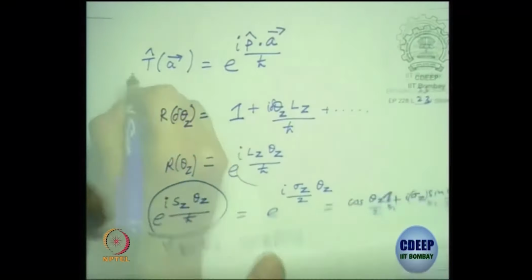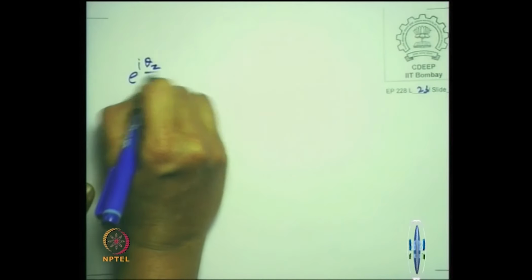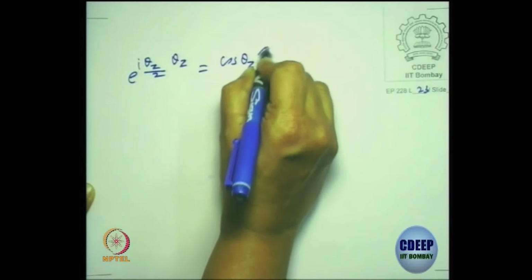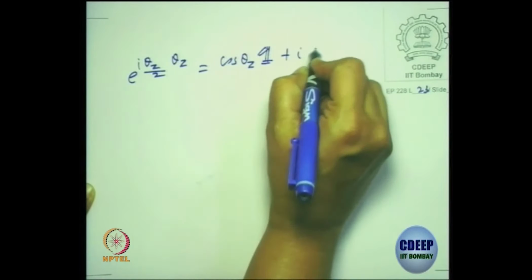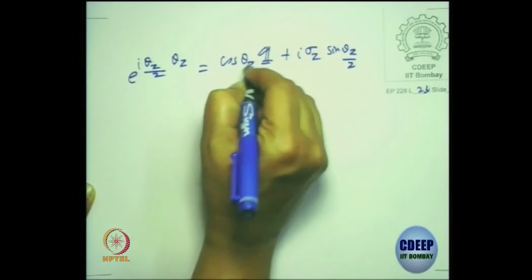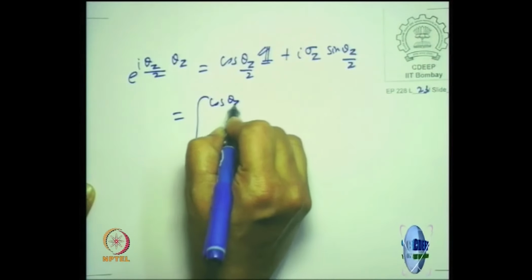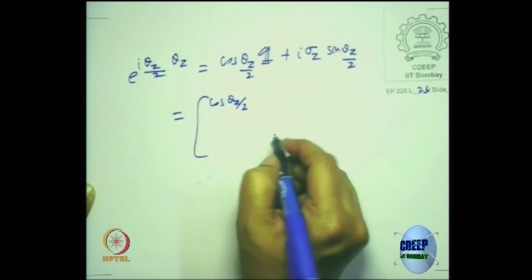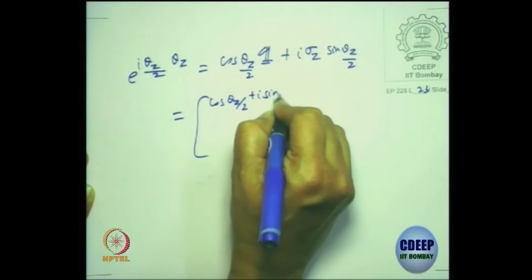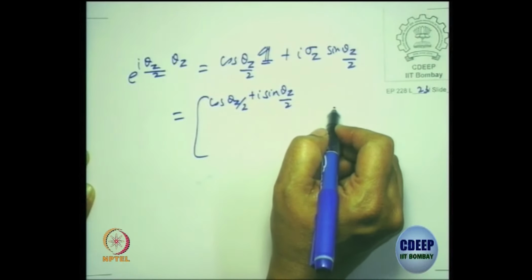You can write this as cos theta z by 2 plus i sin theta z by 2 times sigma z, which is 1 and minus 1, right?